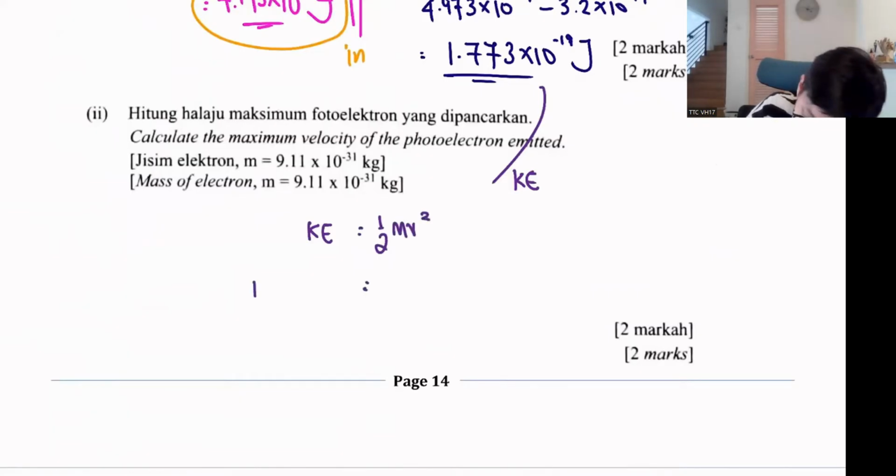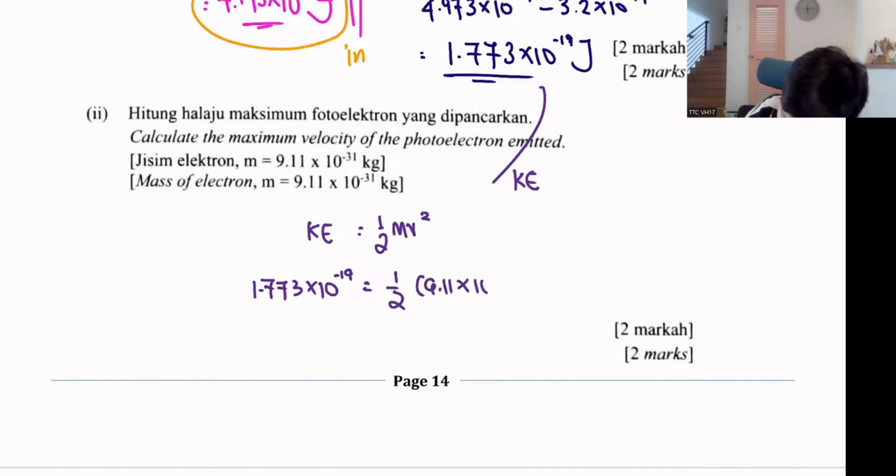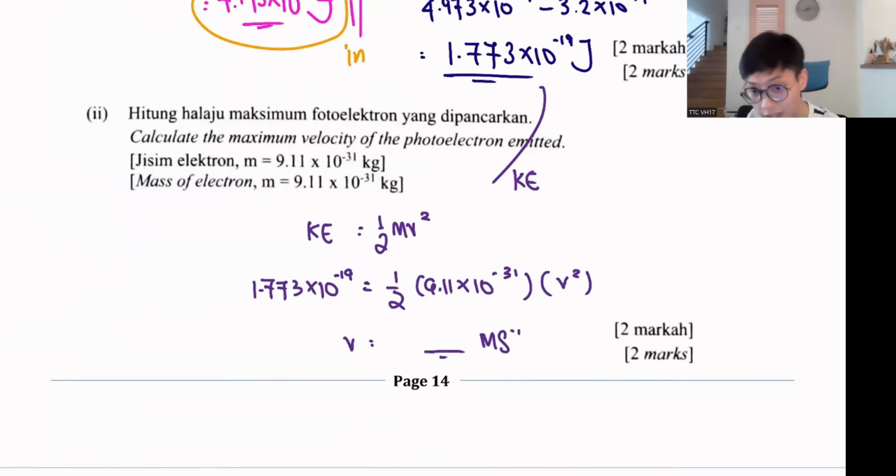Kinetic energy is 1.773 times 10 to the power of -19. So this is going to equal half times mass, 9.11 times 10 to the power of -31, times v squared, velocity squared. So this one you just have to calculate the velocity to be blah blah blah meters per second. That's it, guys. Very straightforward.